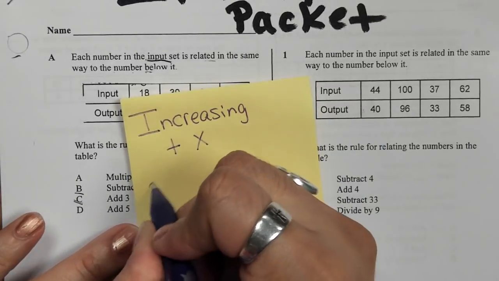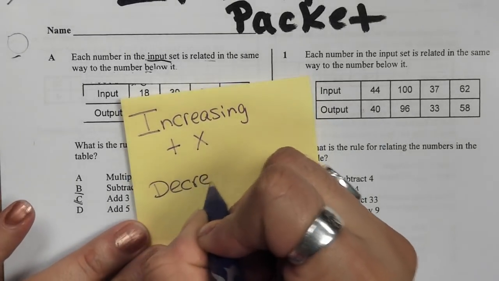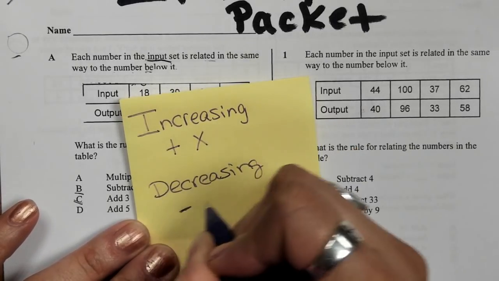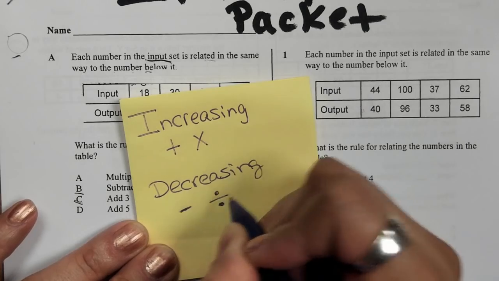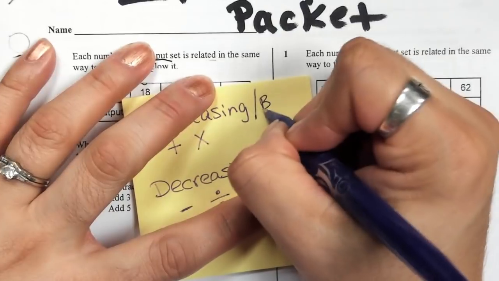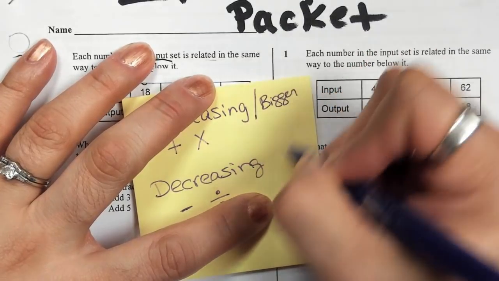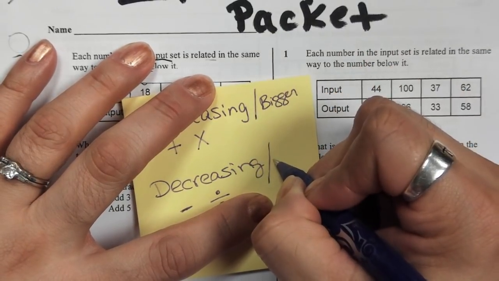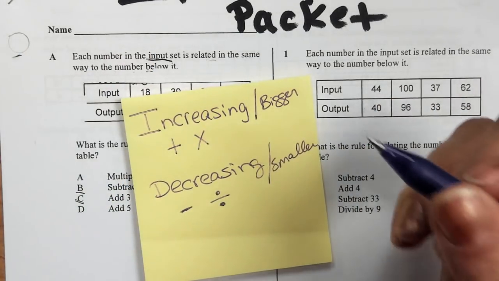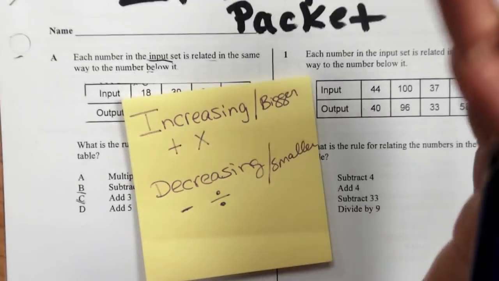Okay, if the numbers are decreasing, they're going to subtract or divide. So increasing is the numbers getting bigger, decreasing, the numbers are getting smaller.